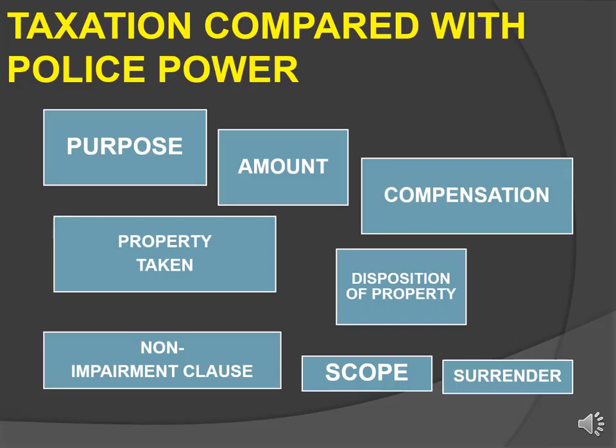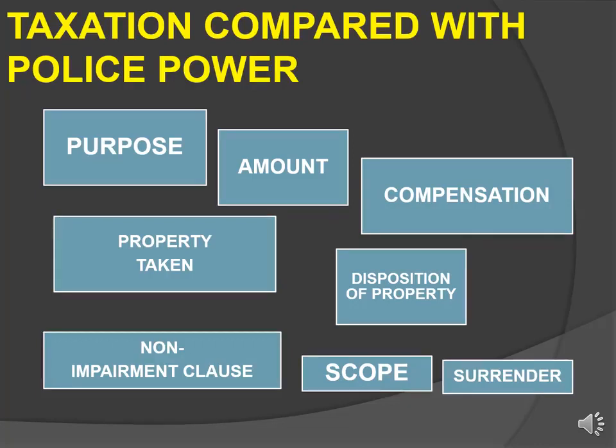For example, under the police power of the state, we have the lockdowns and people are prohibited from going out to the streets. What about surrender? Is there something surrendered when you pay the tax? None. Similarly, under the differences between a tax and a license fee, when you pay your taxes, the government does not surrender any of its prerogatives.